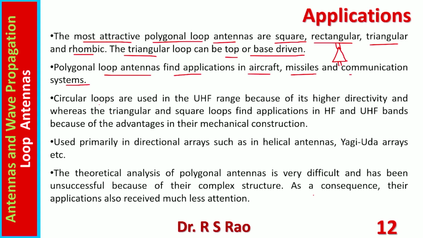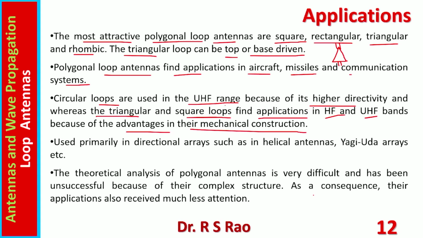Circular loops are used in the UHF range because of their higher directivity, whereas triangular and square loops find applications in HF and UHF bands because of the advantages in their mechanical construction.